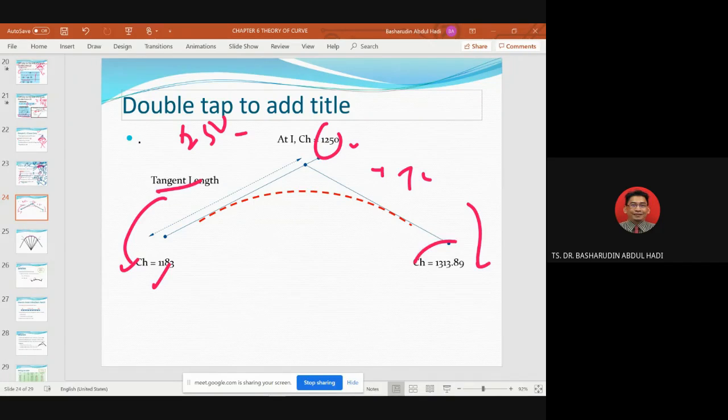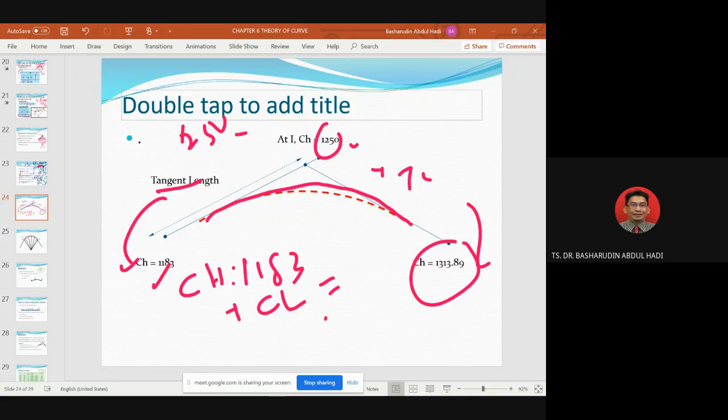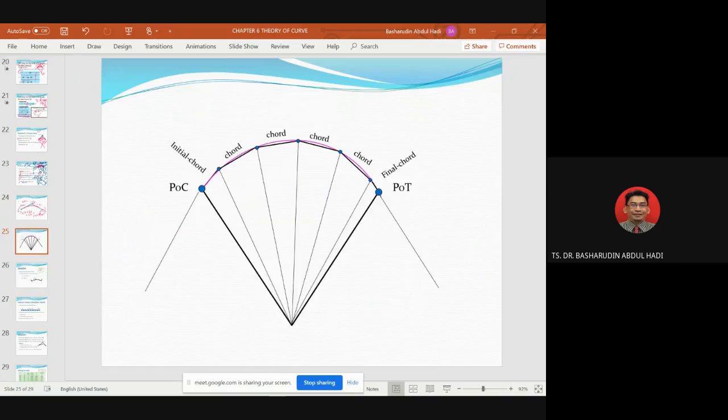Or to get this one, it is change 1183 plus chord length plus curve length. So you get 1313.89 meter.